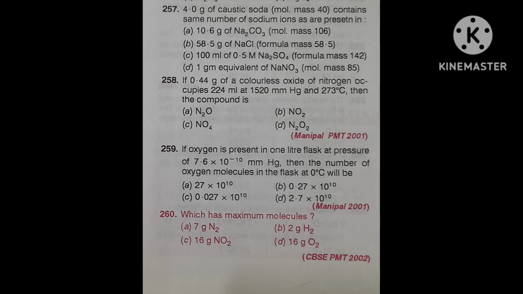You calculated in 10 to the power 8, but now you converted into 10 to the power 10. That means you have multiplied by 100. Then it is matching with the third option, 0.027. Correct?